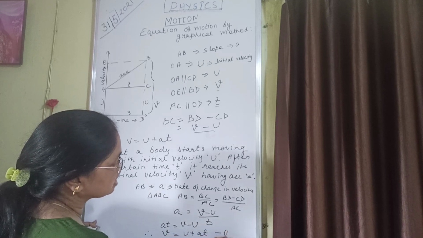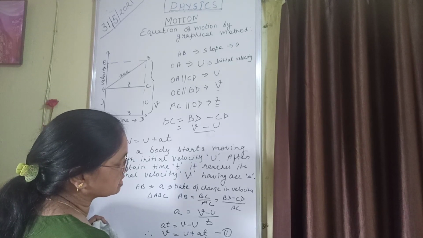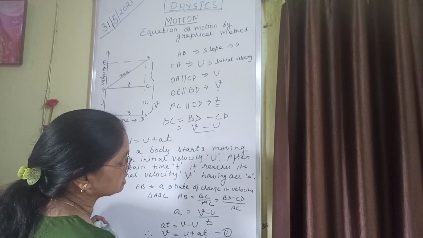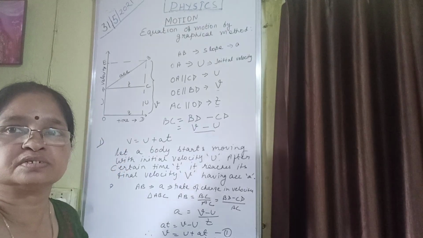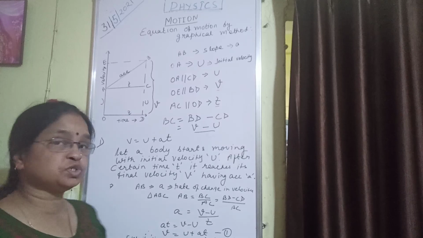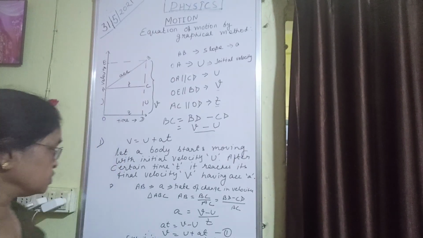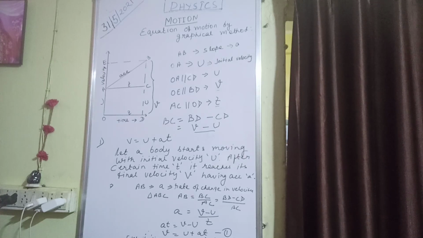So students, you see, the first equation we have derived, and that derivation we have derived graphically. From the first equation of motion, what conclusion have we got? The conclusion is the velocity time relation.